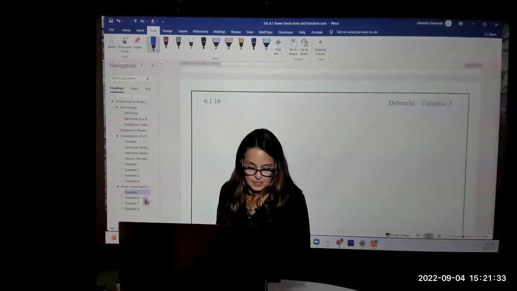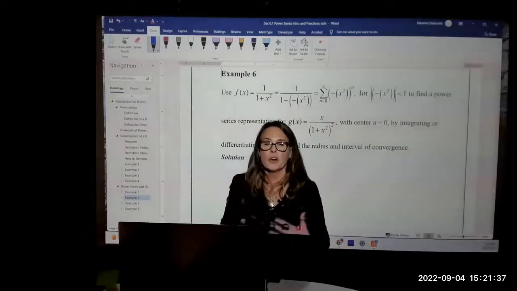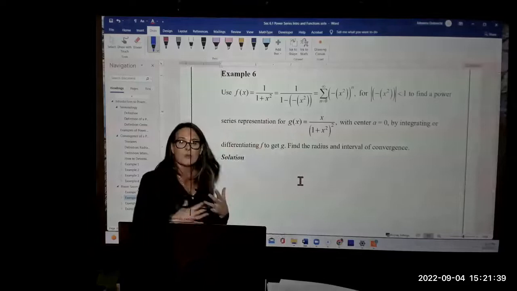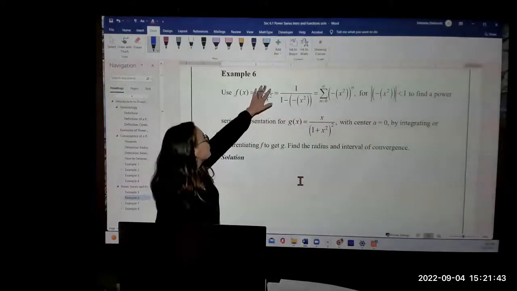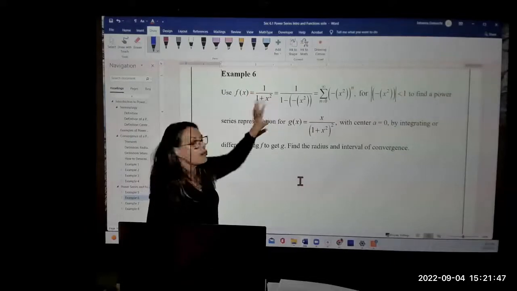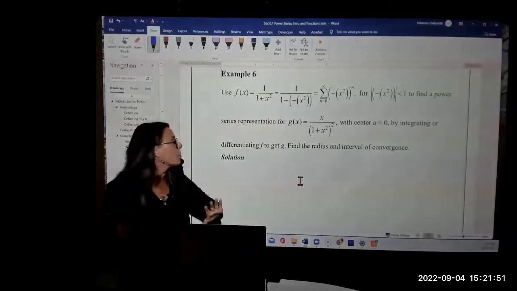So in example 6, we have a similar problem, but this one is much more complicated. Getting it in the right format is more complicated. We have a function 1 over 1 plus x squared. Now, that is not matching the geometric form.